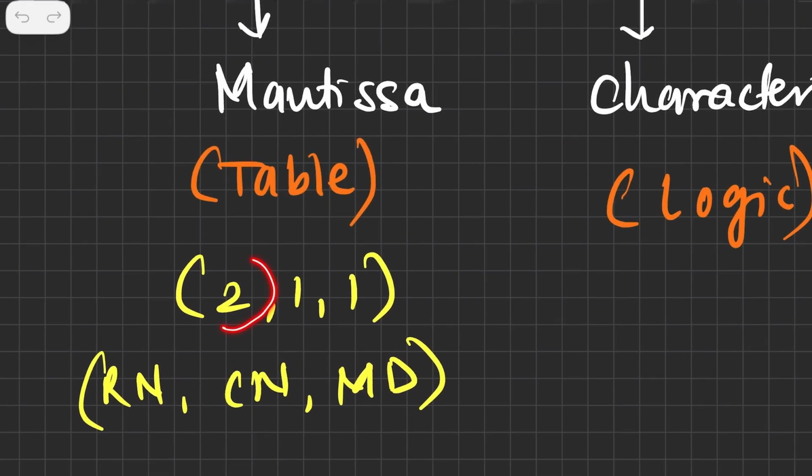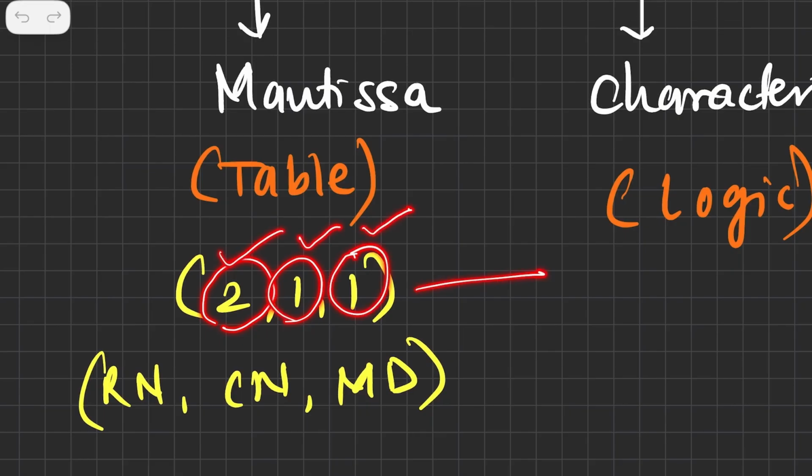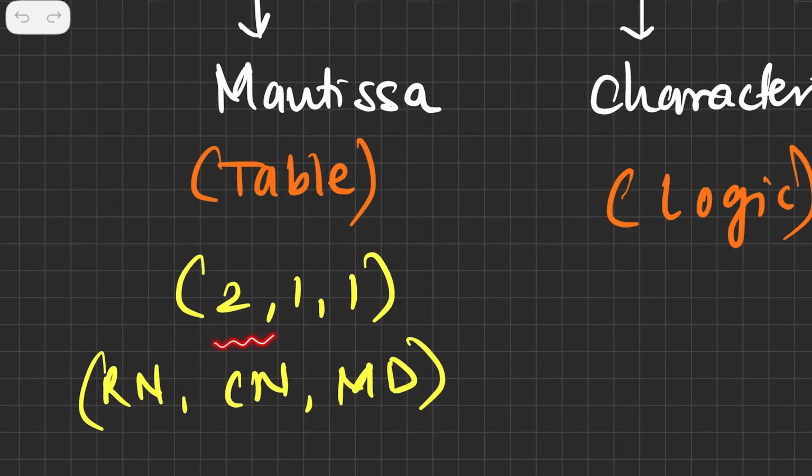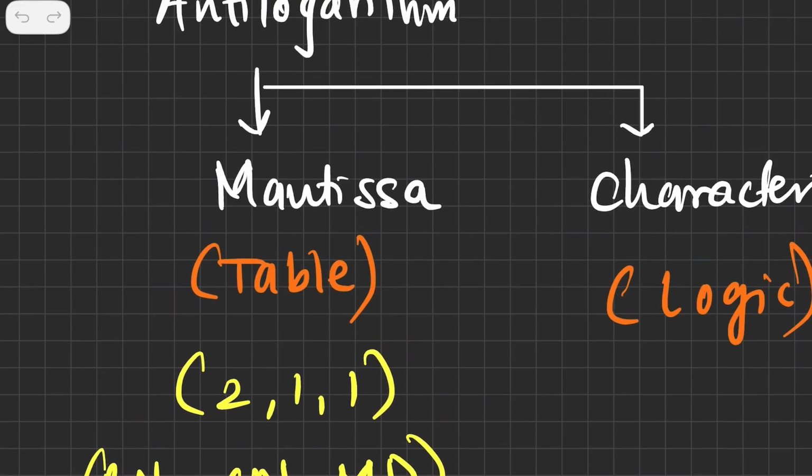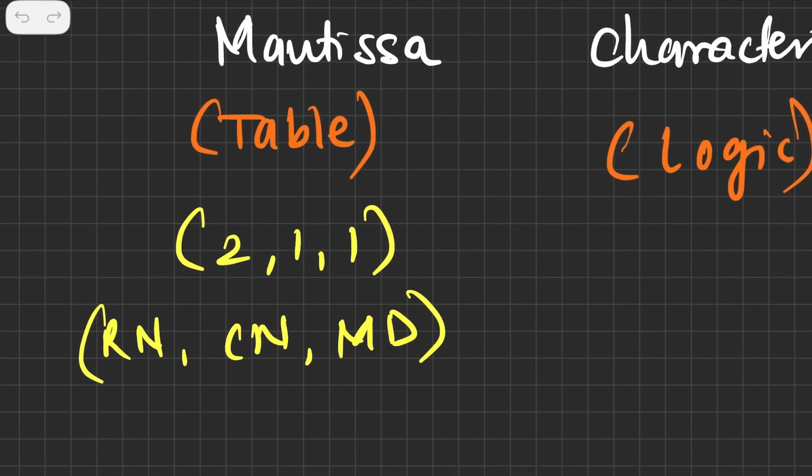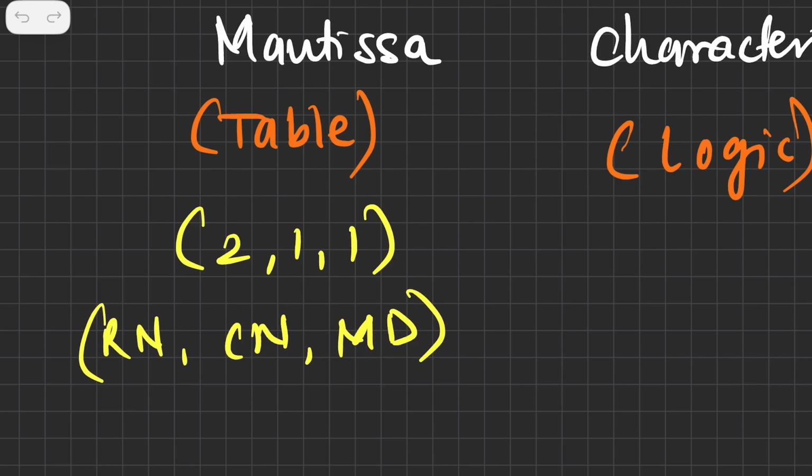You have to divide your number in 2, 1, 1. So first two digits, then the next digit, and then the next digit. Any digits ahead of that, the 5th digit, 6th digit, 7th digit, should be ignored. The mantissa should be found from the table, and the grouping should be 2, 1, 1. But there is one slight difference between log and anti-log. In log you start finding the mantissa from the first number.